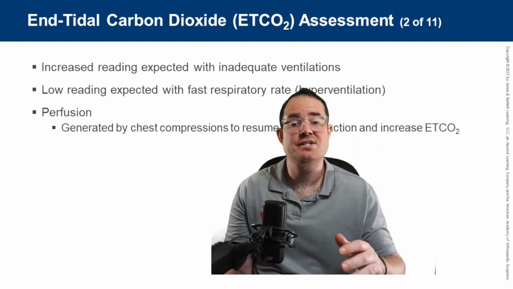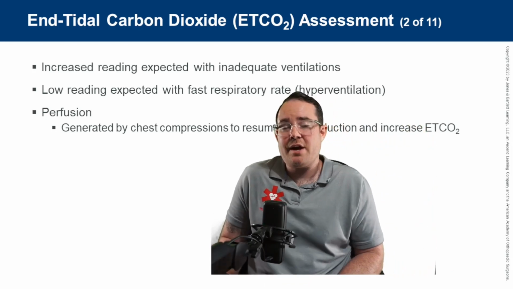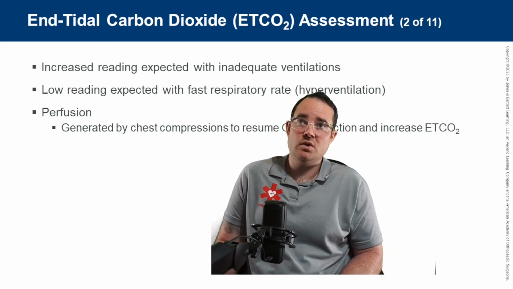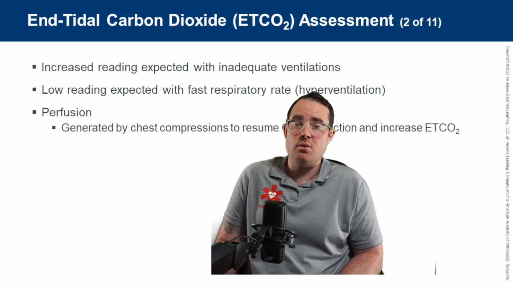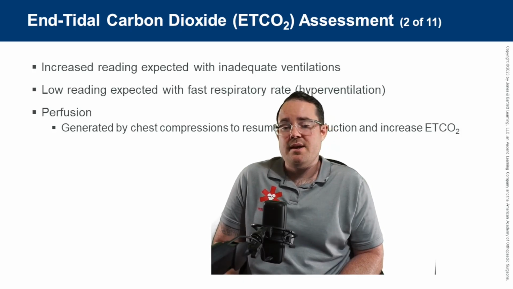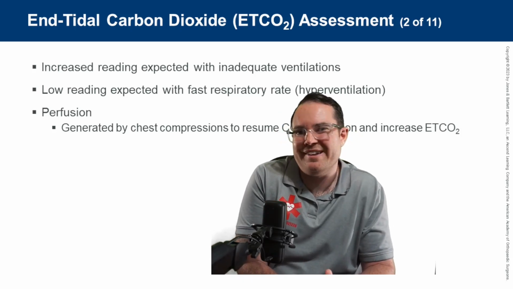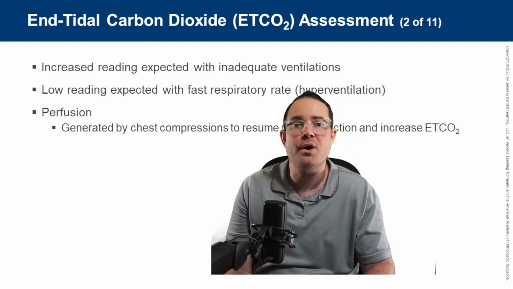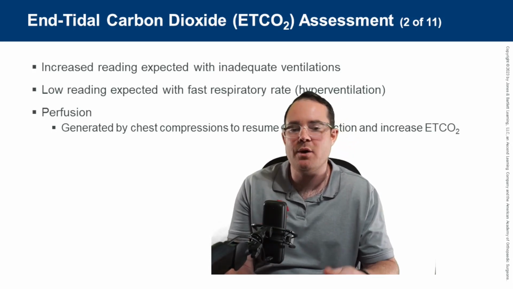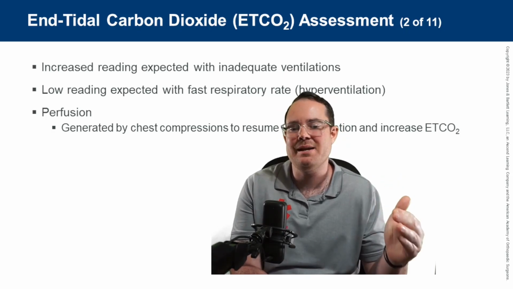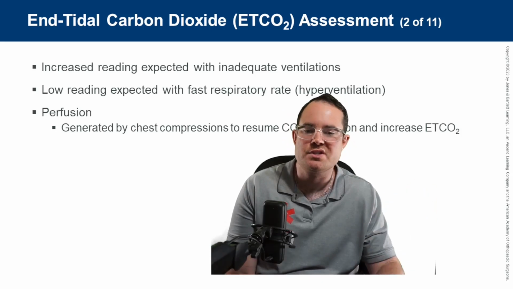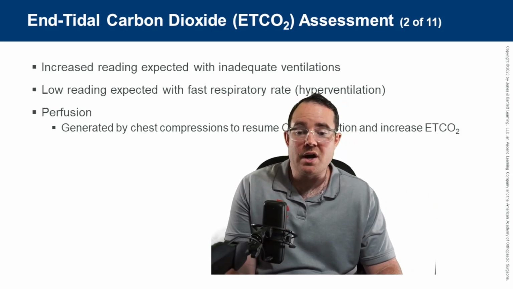Typically, when we see a sudden spike in end-tidal capnography during CPR, that is typically seen in ROSC, right? If I have a CO2 of less than 10 during chest compressions, it means I have poor quality chest compressions. I always want to be above 10 millimeters of mercury. And then when I have that sudden spike, I need to assume that we have ROSC.